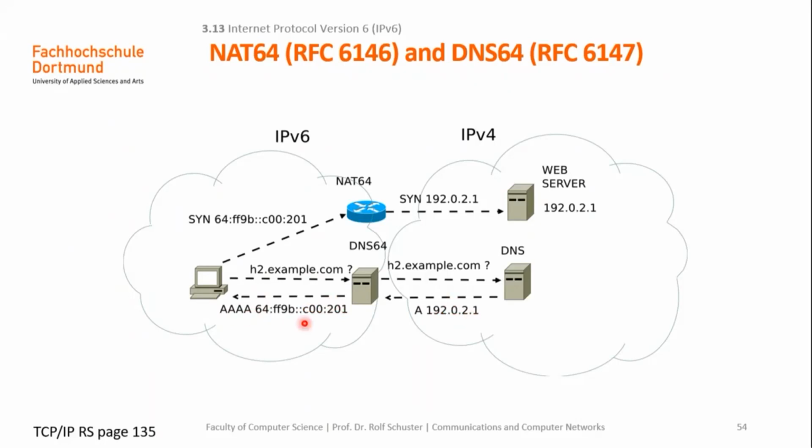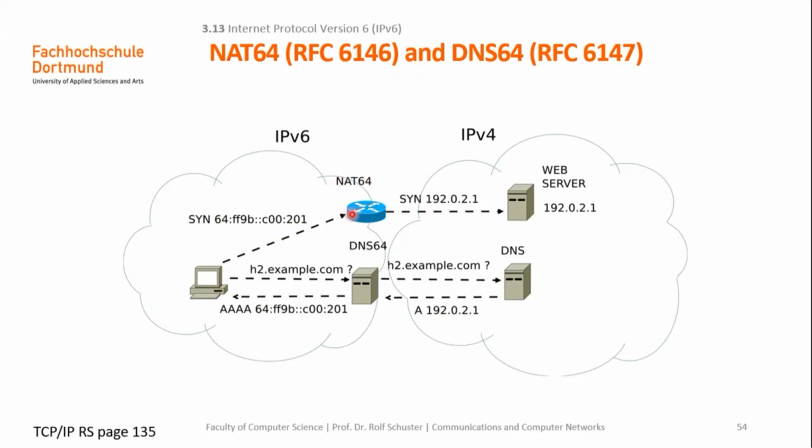In that way, the IP version 6 only client will try to establish a TCP connection with this IP version 6 address that is in fact supported by this special device called NAT64, Network Address Translation 64. And this is the device that will then perform the TCP connection between those two end systems.